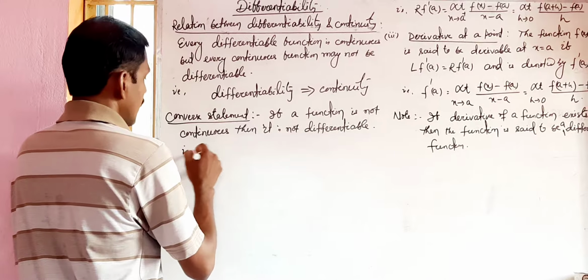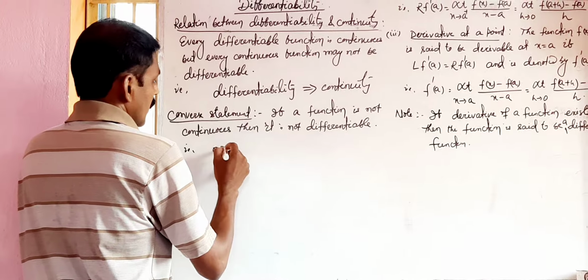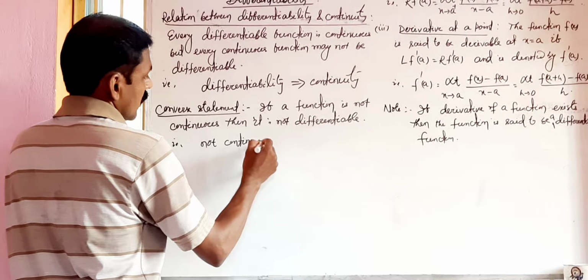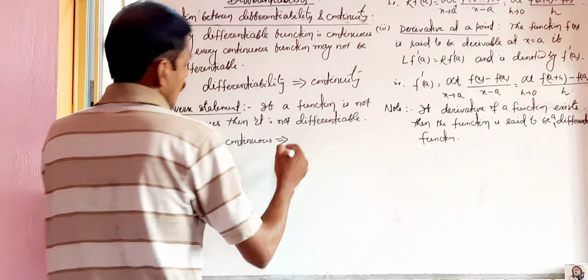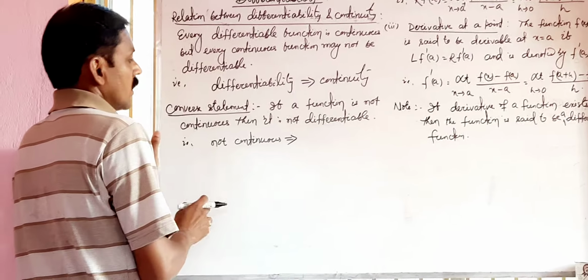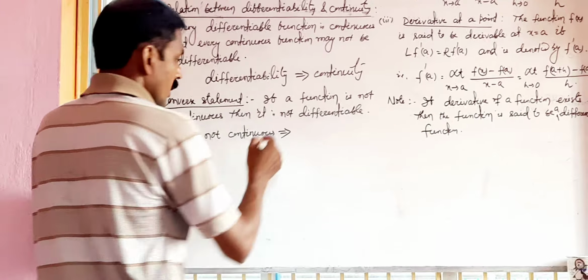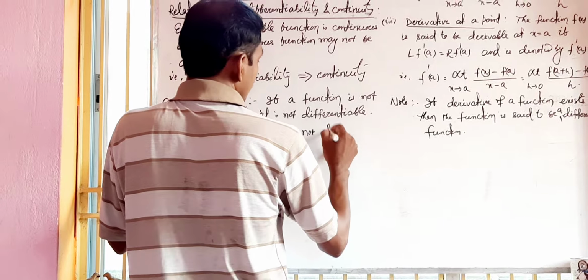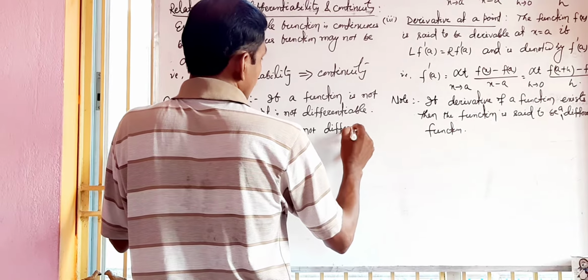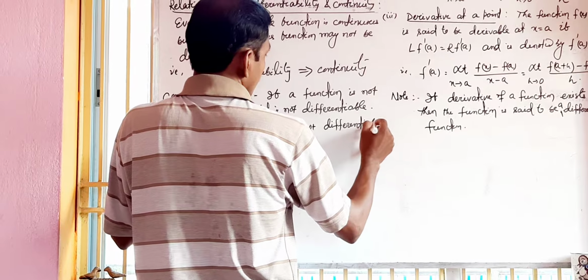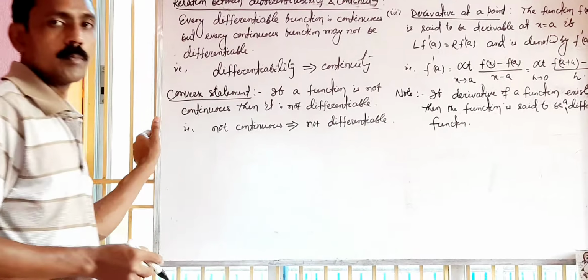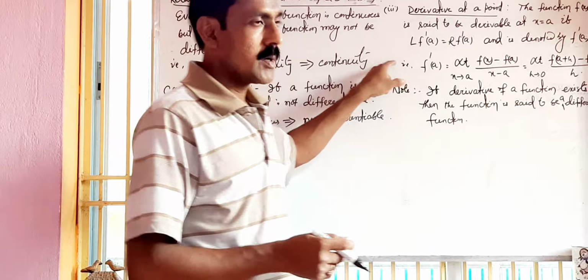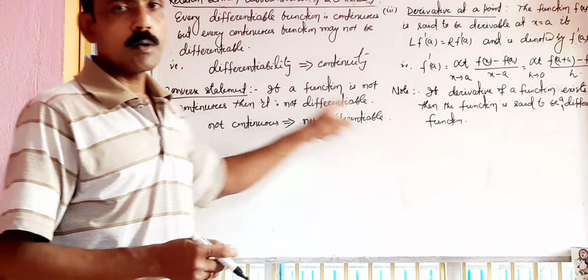That is, not continuous or discontinuous implies not differentiable. So differentiable means continuous, not continuous means not differentiable.